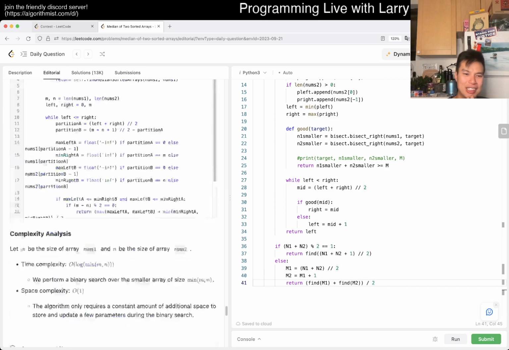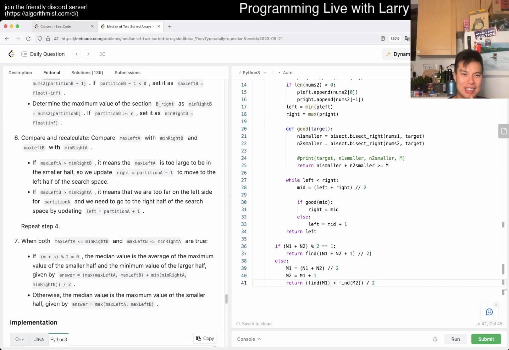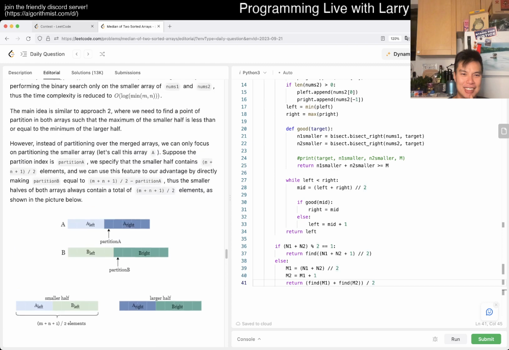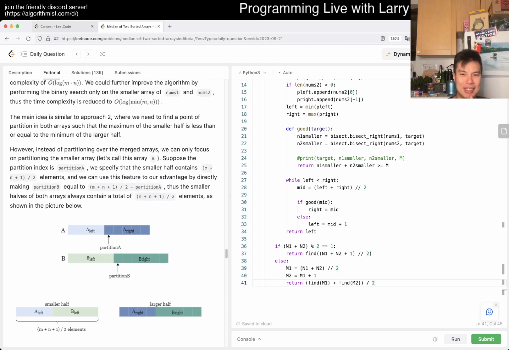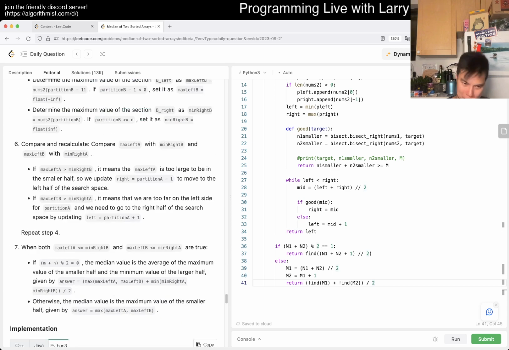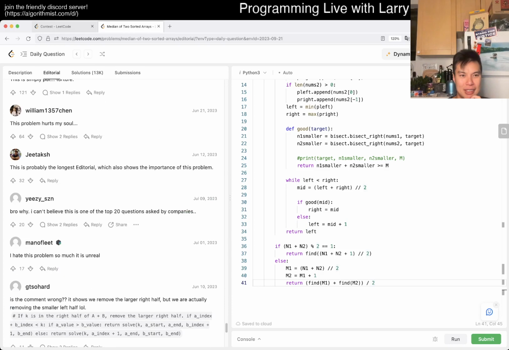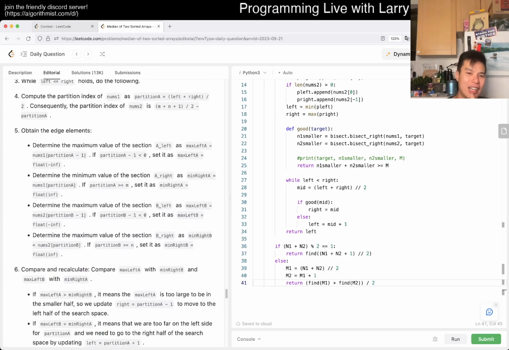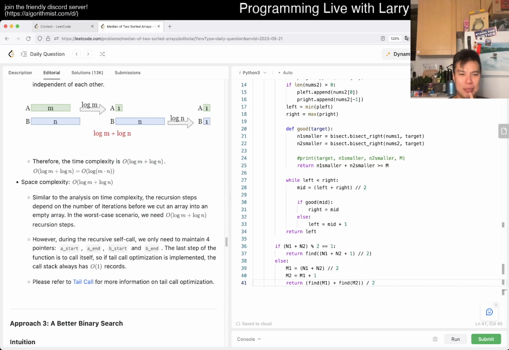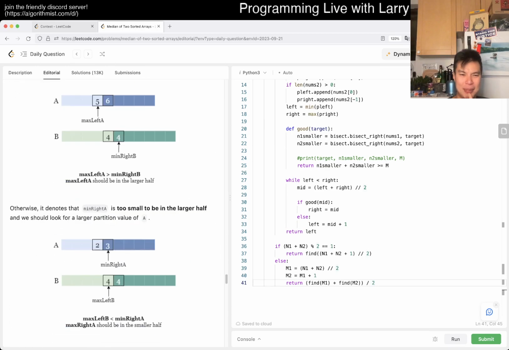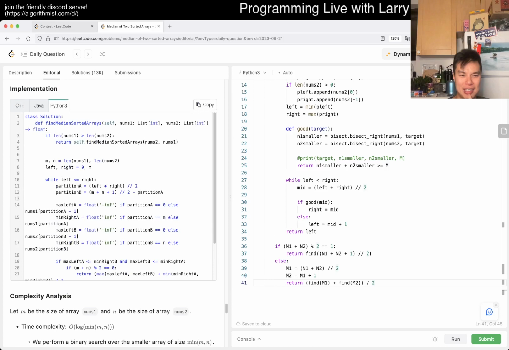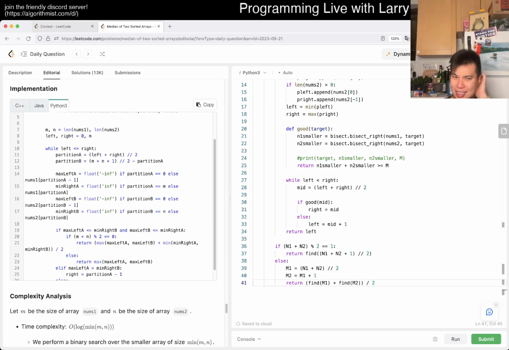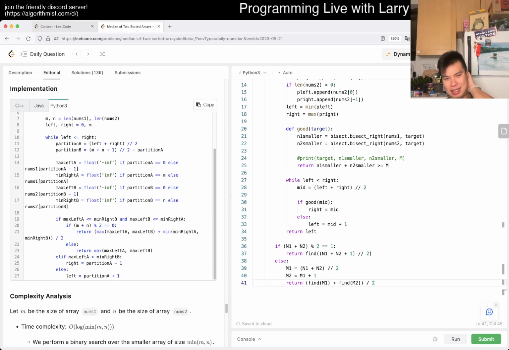I think these are all fine ideas, but I don't think I struggled with the idea per se, but I don't know that I can implement this flawlessly, easily. This is just so many if statements.